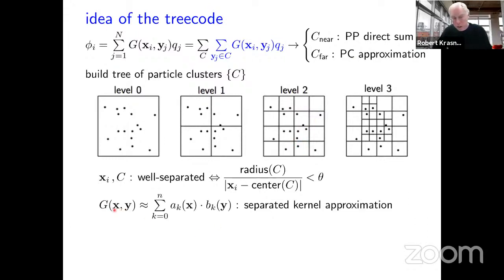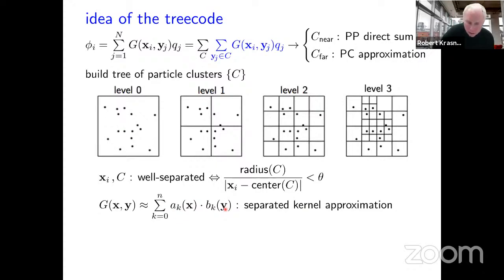The approximation is going to use a separated kernel approximation. So the x and y variables here are tightly coupled, but kernels can be expanded into this kind of approximation: functions of x times functions of y.